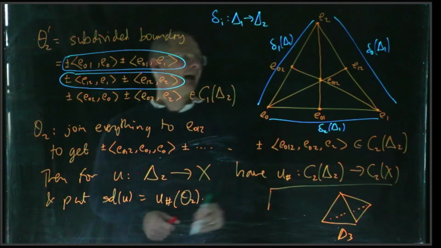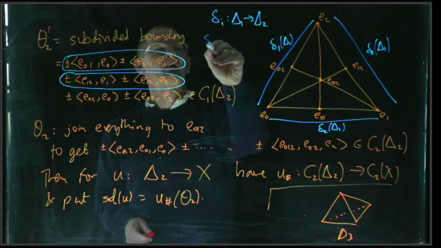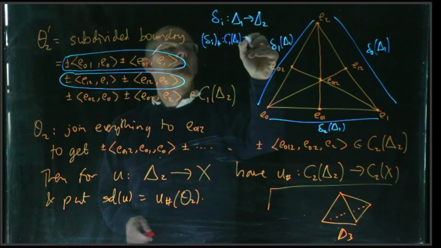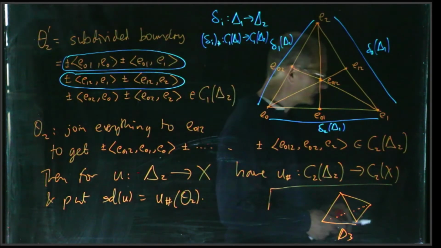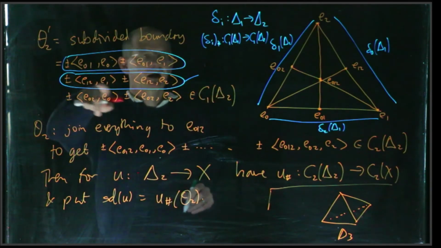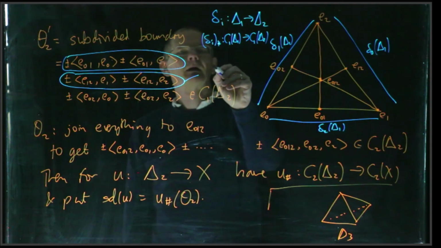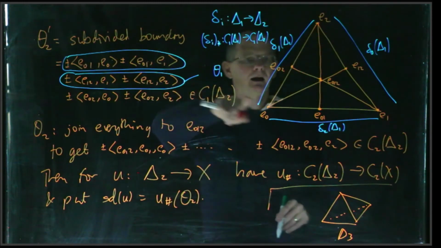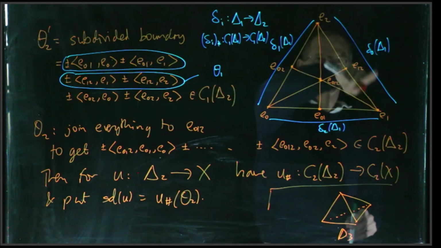Okay, and this guy here gives me a map from chains on delta 1 to chains on delta 2. So how should we think about this group of terms here? What have we done? You take your normal theta 1, which is the subdivided 1-simplex, and then we've pushed it into the 2-simplex onto this edge here.